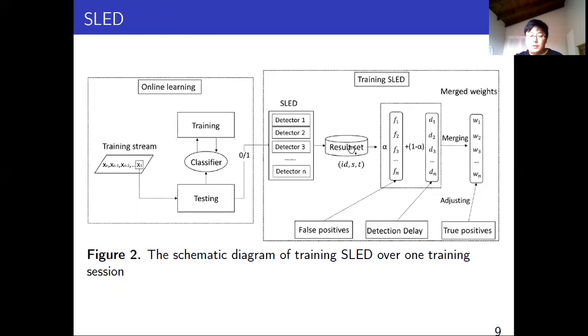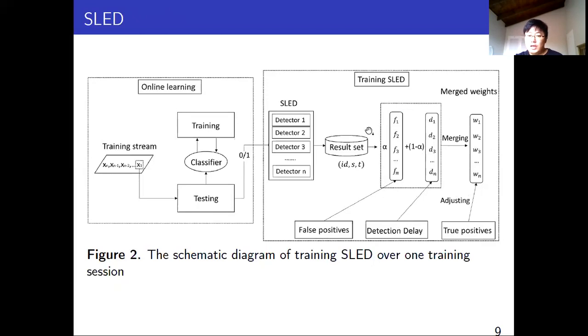Based on the information in this result set, we can then calculate two sets of weights, based on two performance measures over here: the false positives and the detection delay. Then we combine these two sets of weights based on this fusion parameter into one set of weights. These merged weights will then be adjusted according to true positives in order to get the final set of weights.